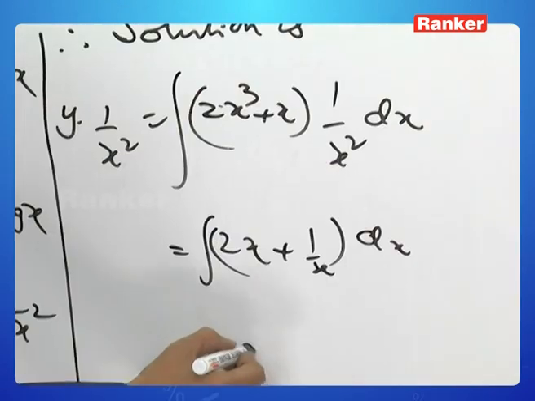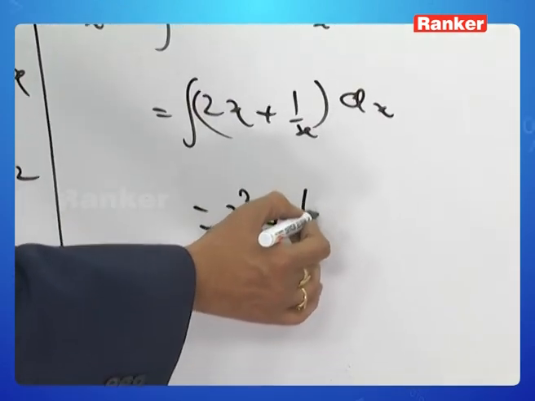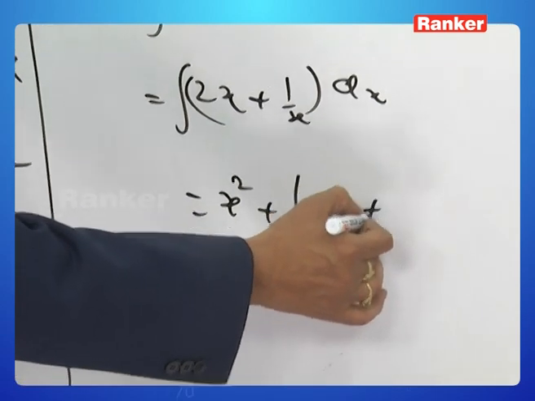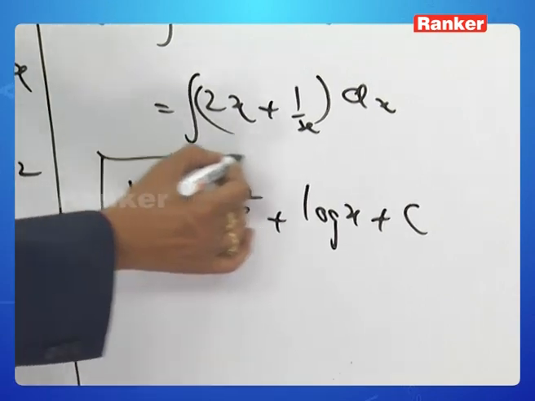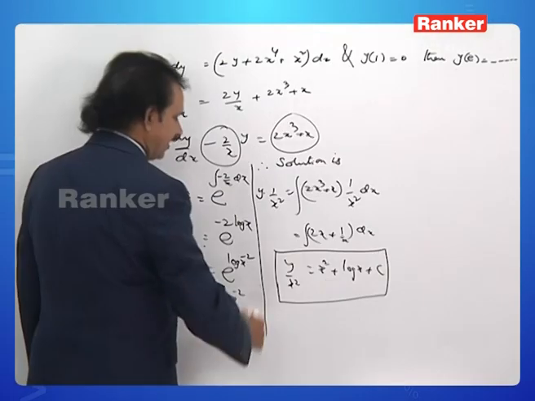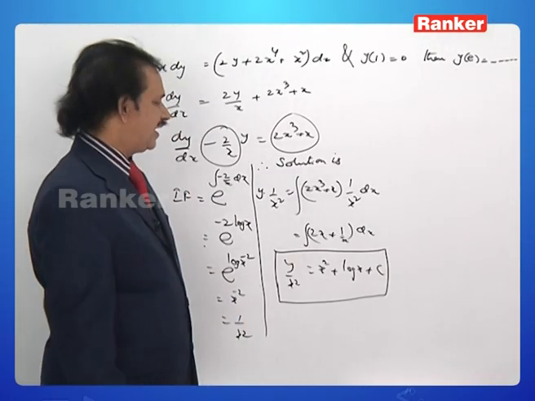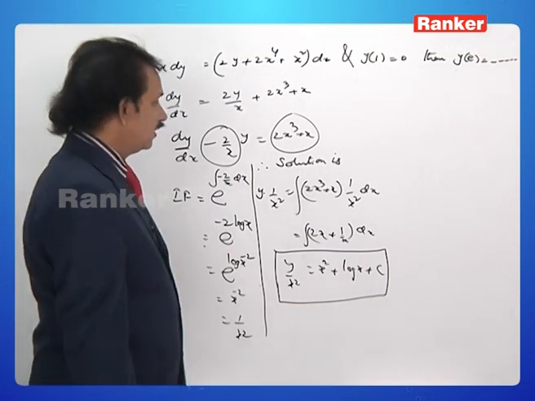For 2x the integral is x square. For 1 by x it is log mod x or log x plus c. Therefore, the actual solution is y by x square is equal to x square plus log x plus c.